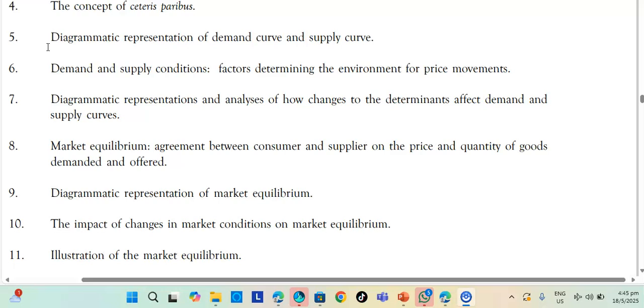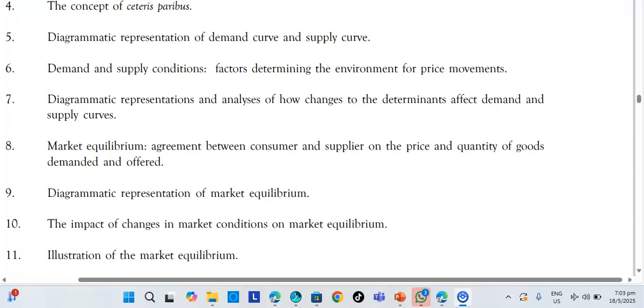Now, in simple terms, let's summarize what we have been saying. Markets work like a negotiation. Consumers want to pay less. Suppliers want to earn more. They agree on a price and quantity where no one has an incentive to change. This is the equilibrium. All right?